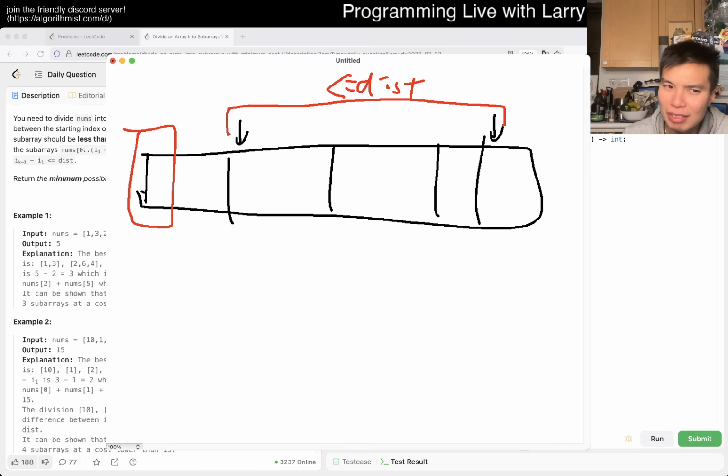But if that's the case, then knowing what we know from yesterday, it just means that we already took 1, so it's going to be k minus 1 distributed here.